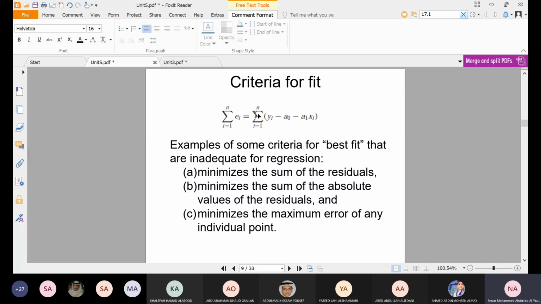Okay, so this is the error. As we said, the error is the difference between our observation or measurement minus the model that we have. So we have three criteria to minimize this. Either minimize the sum of the errors, minimize the sum of the absolute values, or minimize the maximum error.